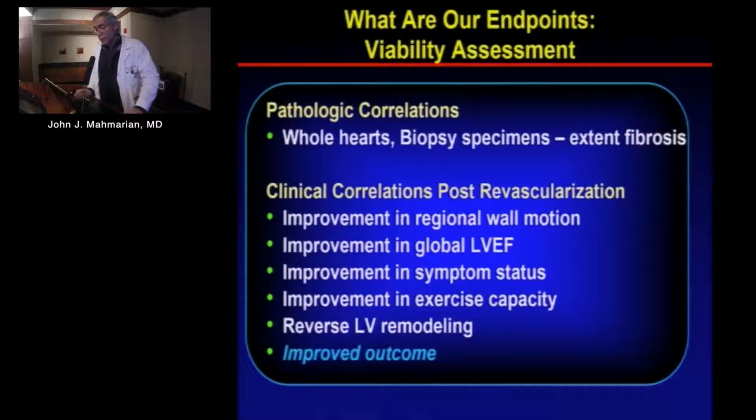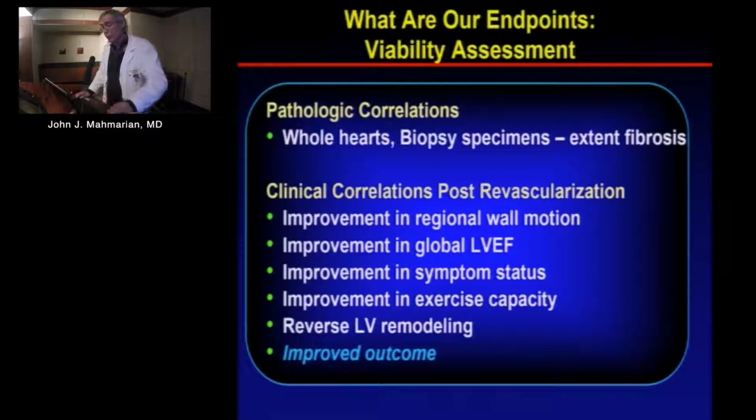So when we think about viability, and Dr. Zoghbi has already talked a little bit about this, there are many ways to correlate how you look at viability. One is from a pathologic point of view, looking at whole hearts and biopsy specimens, comparing that amount of fibrosis to what you see on a scan result, for instance, and to do clinical correlations.